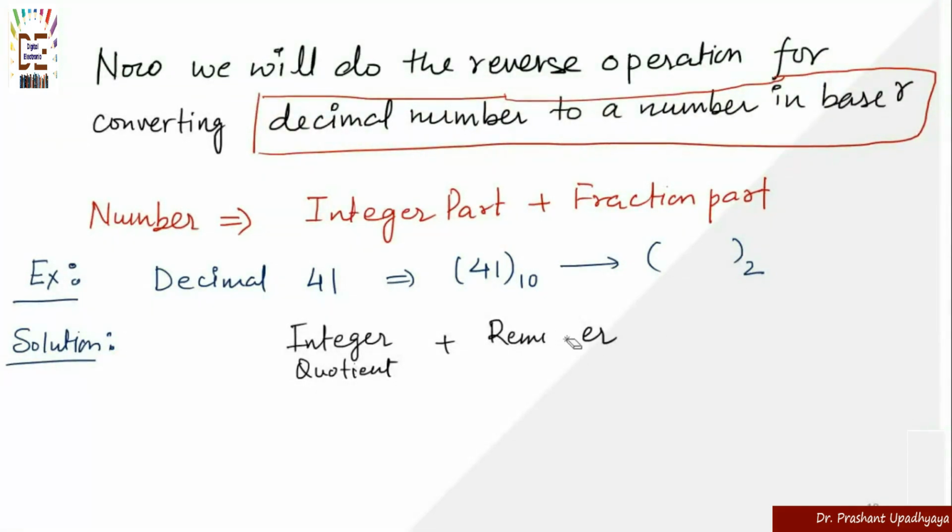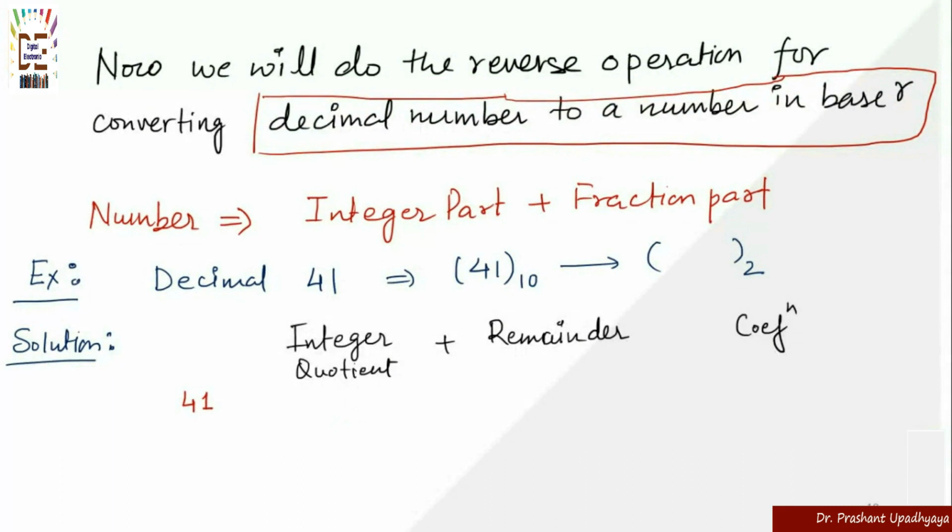Remainder, and then the coefficient. I'm writing a short form of coefficient. So let's say I have 41. What is my first input? My first input is 41.